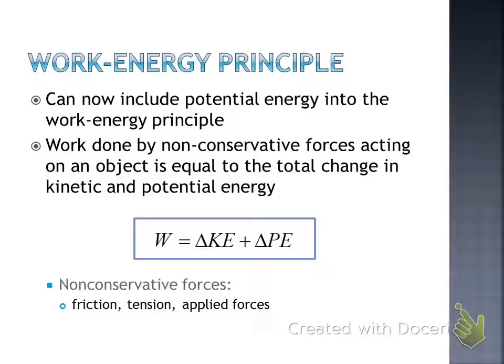Because we already talked about things like friction, tension, applied forces. They don't even have potential energy. So in order for them to be incorporated into the work energy principle, we have to include kinetic energy as well. So the total work of a system is equal to the change in kinetic plus the change in potential.